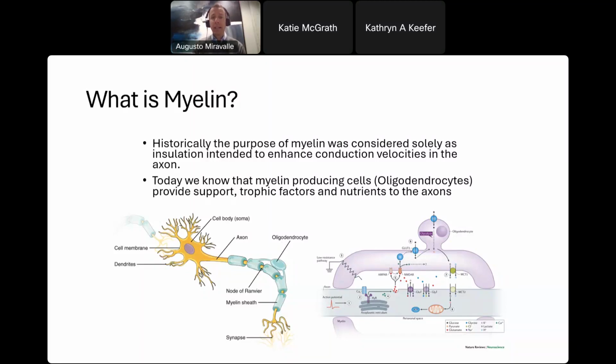So the myelin inside the central nervous system is produced by oligodendrocytes, and the myelin outside of the central nervous system, something we call the peripheral nervous system, is produced by other types of cells. And that's why we don't see that MS patients have demyelination outside of the central nervous system.